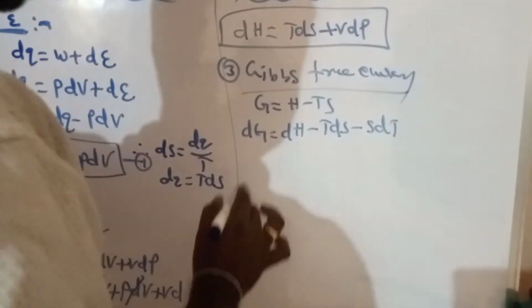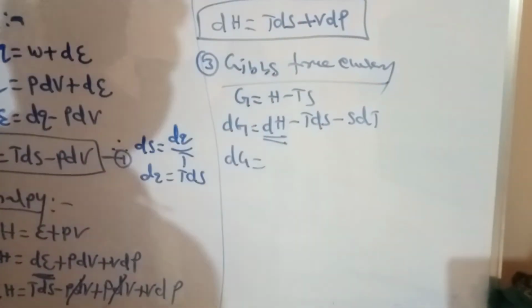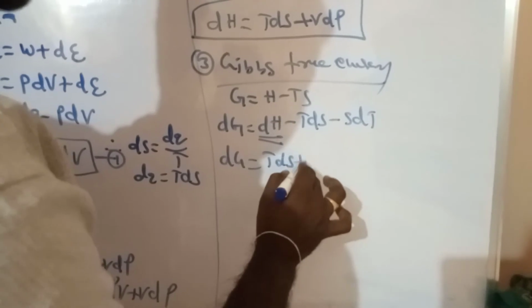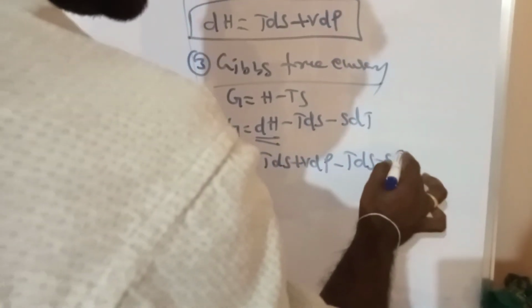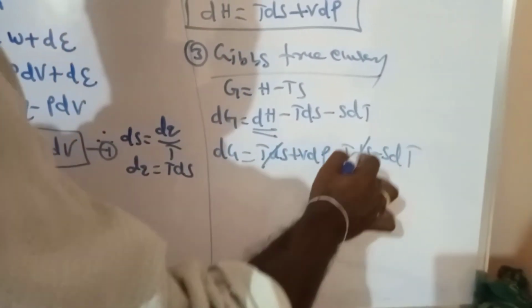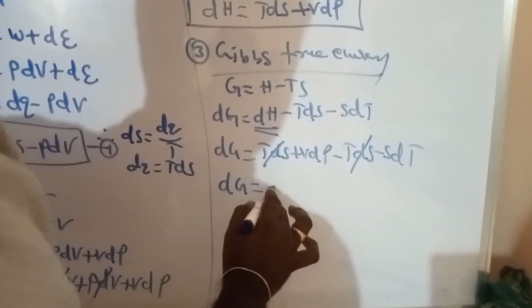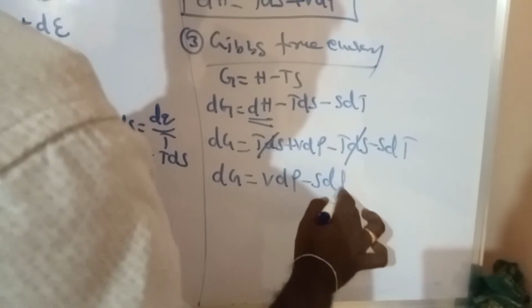Now substitute the dH value: dG is equal to TdS plus VdP minus TdS minus SdT. Here plus TdS minus TdS will be cancelled. Then dG is equal to VdP minus SdT.